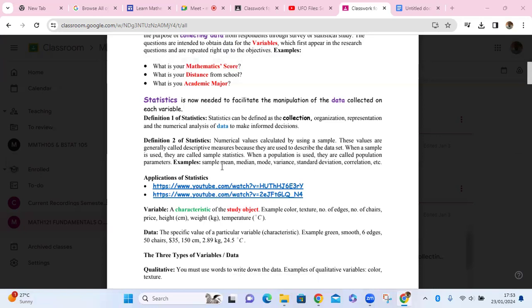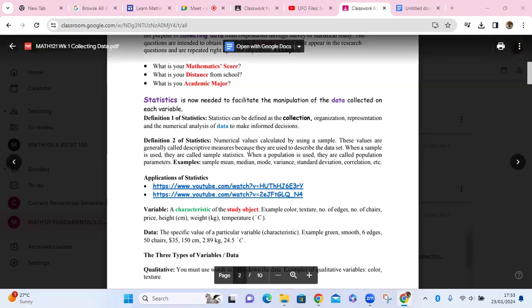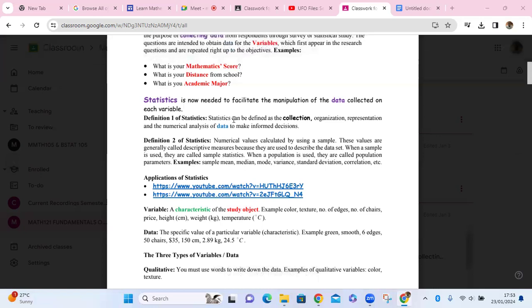But if you take a fraction from that population, let's say you have a population of thousands, but you just take 30 or 100 and you calculate the mean because you did not use all the respondents, then your mean is a sample statistic because it was calculated by using a sample. So the whole point I'm trying to bring forth, coming back to the first definition of statistics, is that when the data is quality, it needs to be organized.